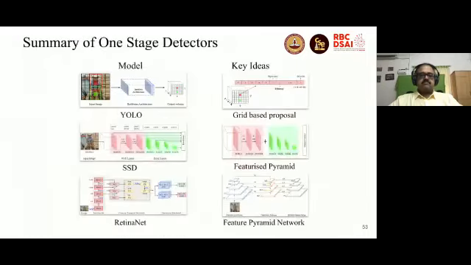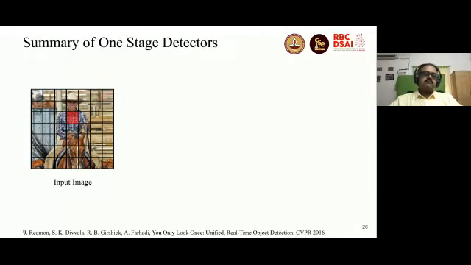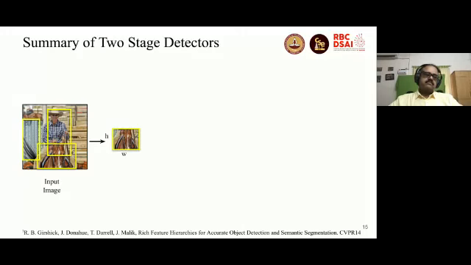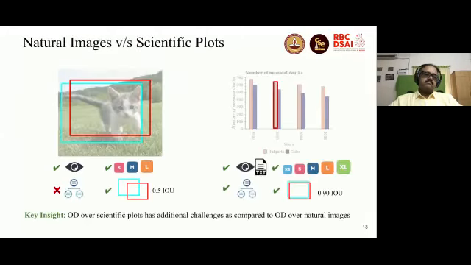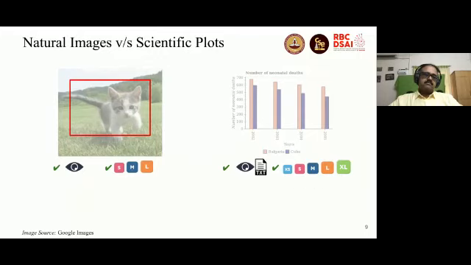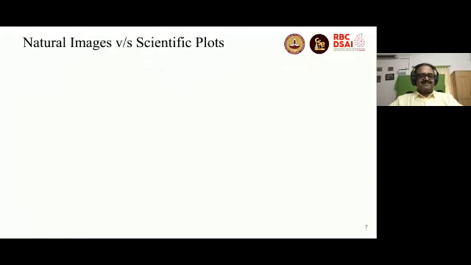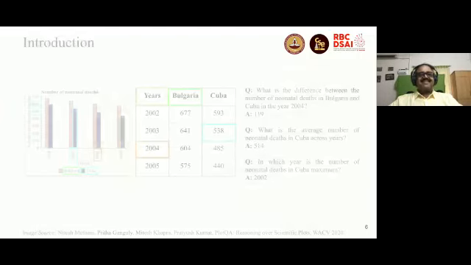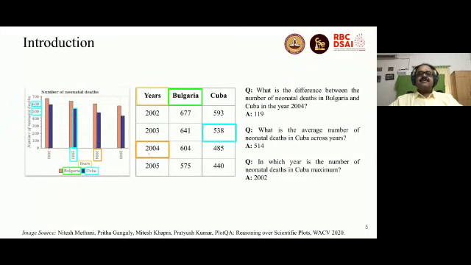The main application is that you're given a plot and asked certain questions on it. You can think of it as a special case of visual question answering, where instead of asking questions on natural images like where is the cat sitting, or what is the color of the coat, you are interested in asking more structured questions like what is the difference between the number of neonatal deaths in Bulgaria and Cuba in the year 2004? And we have built an end-to-end pipeline for this.